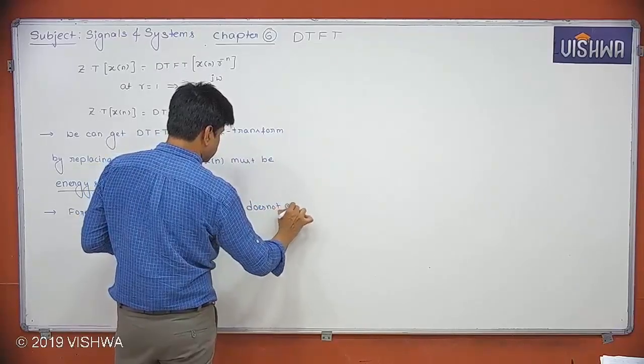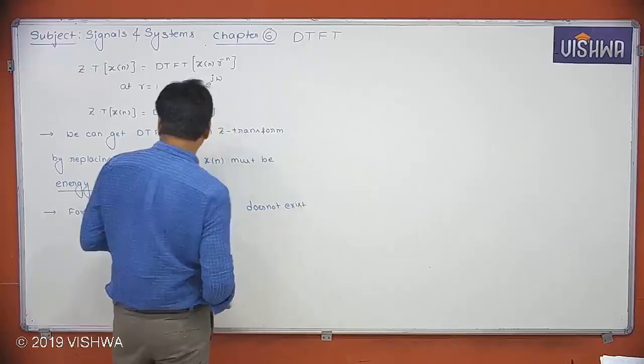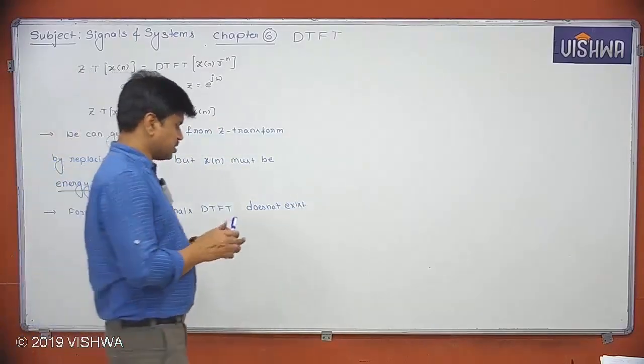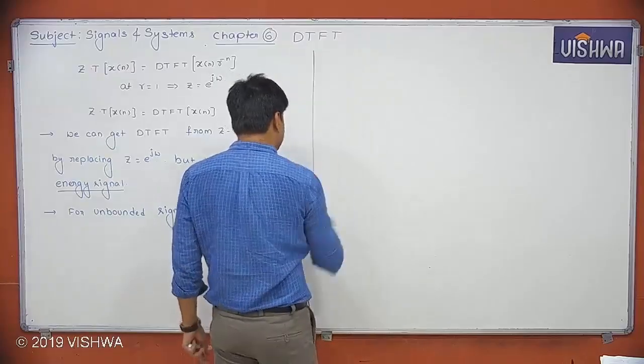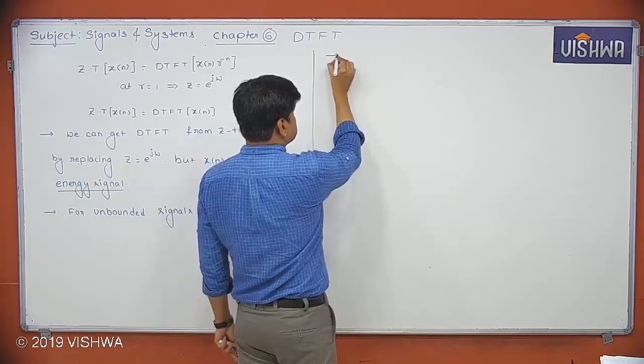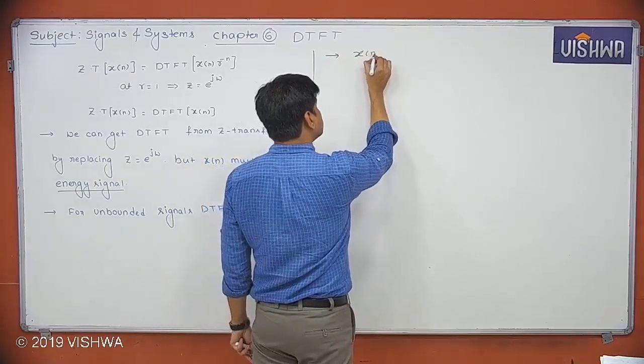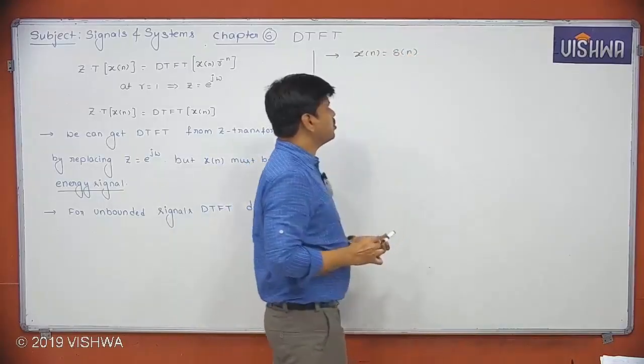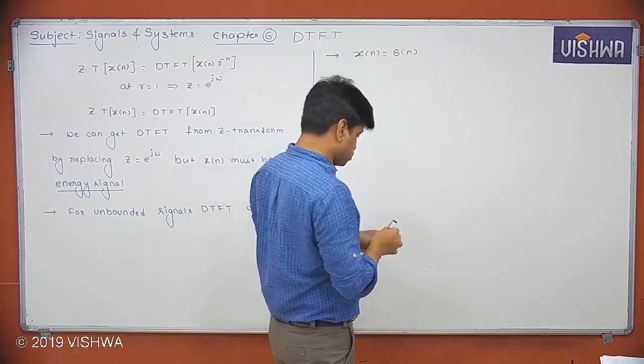Does not exist. So these are the very important 2 points you have to remember. Okay. So let's see some of the things what we can do. Suppose x of n is given to you, delta n. What is x of e power j omega? That is simply 1.